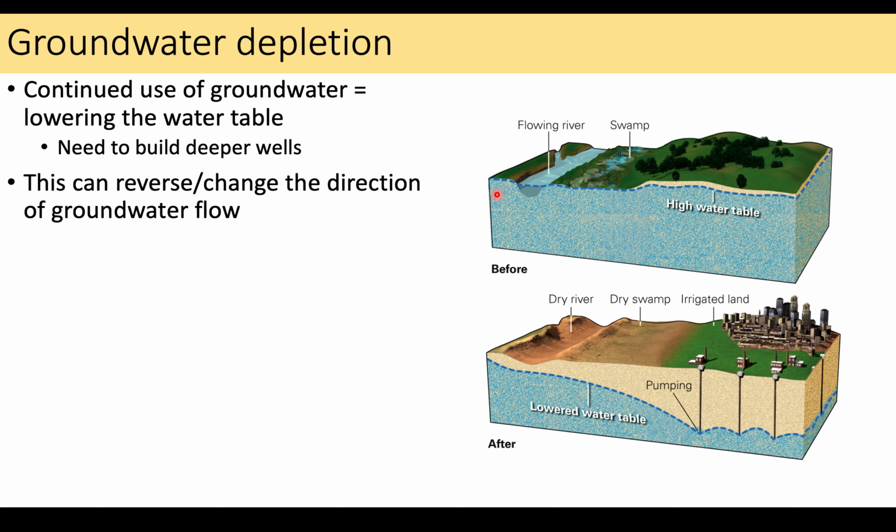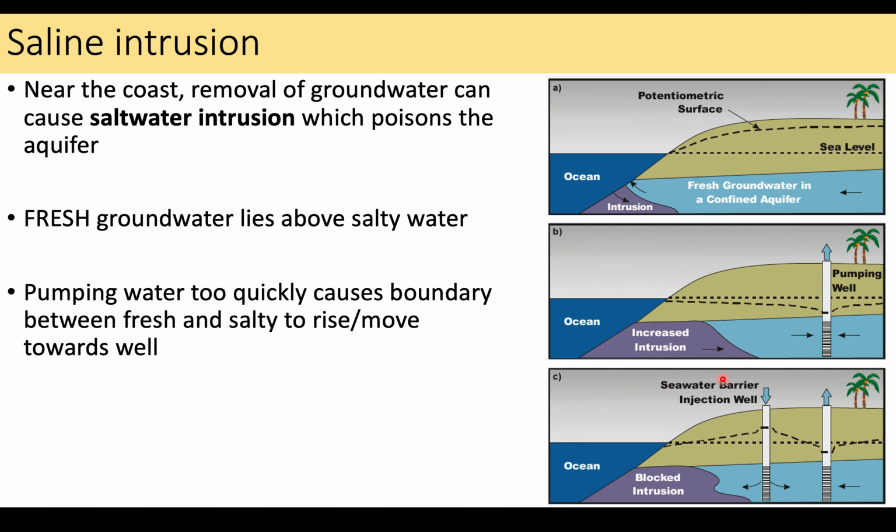You can change direction. You can totally reverse the flow of groundwater due to overpumping and overuse, what we call groundwater depletion. Another important thing to think about when we think about groundwater is saltwater intrusion, or saline intrusion.